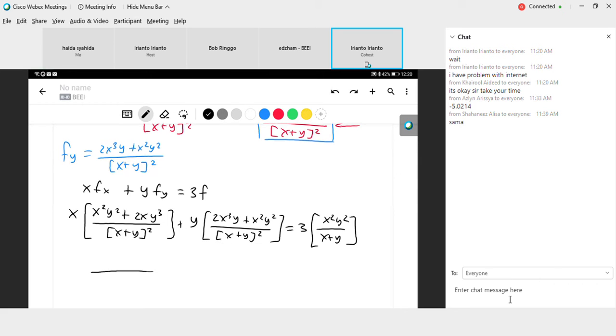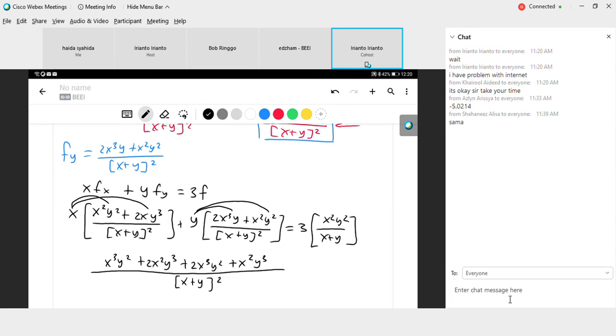So let me put it in a single fraction. x multiplied by this, I get x cubed y squared. x multiplied by this, plus 2x squared y cubed. y multiplied by this, plus 2x cubed y squared. y multiplied by this, plus x squared y cubed.